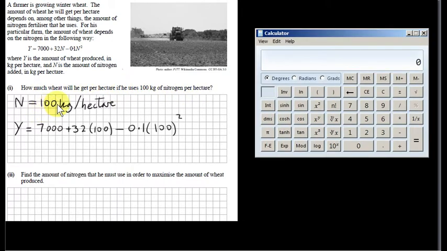So N is the amount in kilograms of nitrogen that he uses for each hectare, and Y is the amount of wheat produced in kilograms in each hectare. So to find Y, we plug 100 in for N. So we have 7000 plus 32 times 100 minus 0.1 times 100 squared.